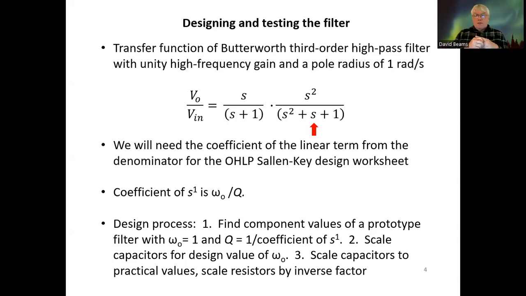The third step is to scale the capacitors again to change them to realistic practical values. And then we scale the resistors by the inverse of that second capacitor scaling factor. If it turns out the resistor values are impractical, we can change the capacitors and try again. But all of these steps are built into the spreadsheet.